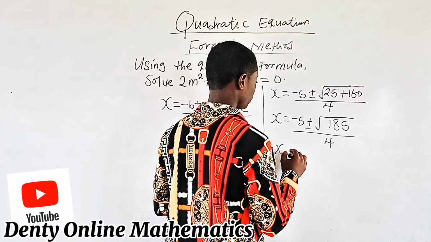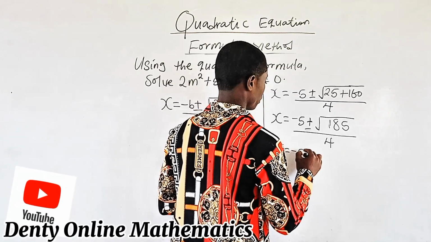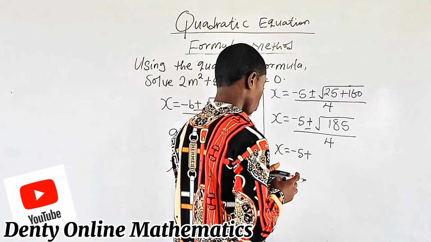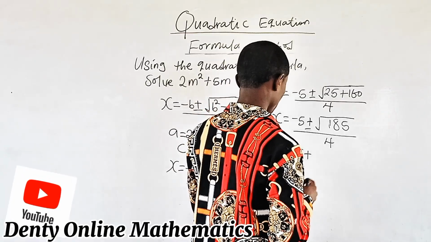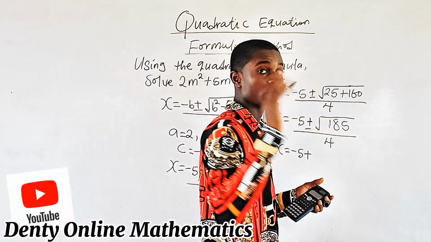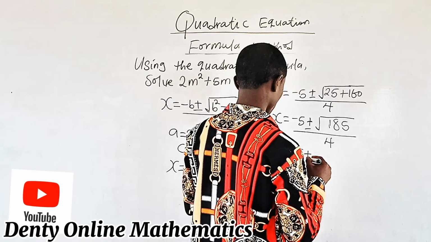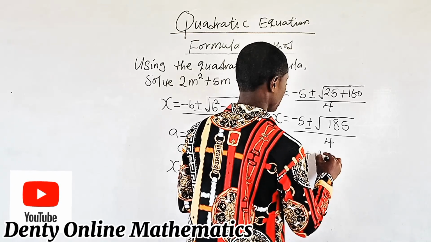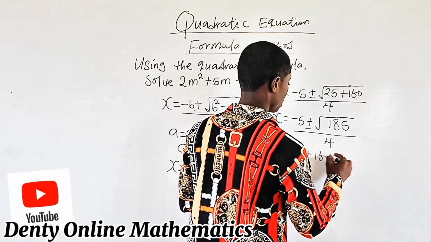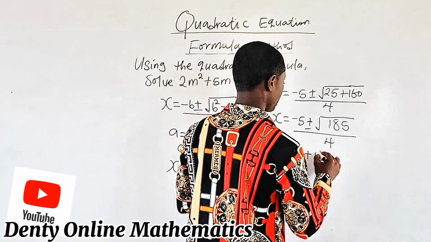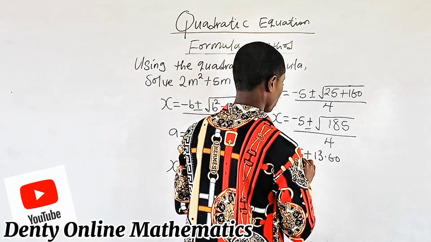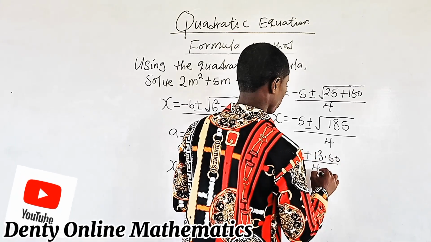So our x will be equal to minus 5 plus the square root of 185, which, taking 2 decimal places, will give us 13.60, all divided by 4.